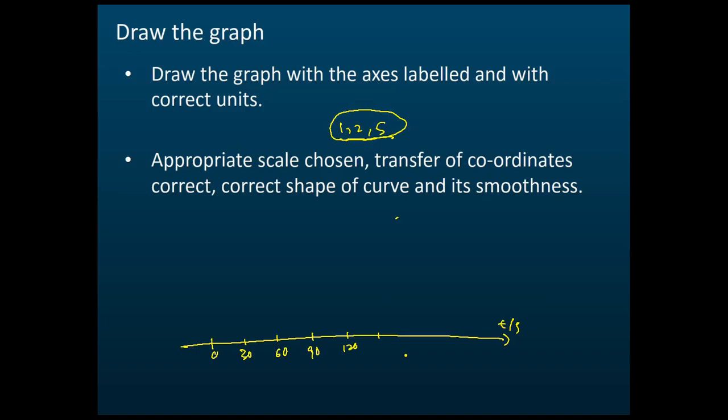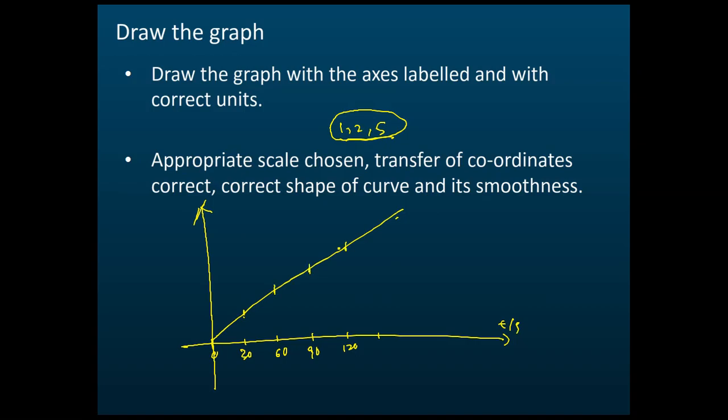Now after you draw this graph, sometimes you're asked to find the gradients, right? Now if you're asked to find gradients, then don't choose any point which is between. Okay, now this is a line.